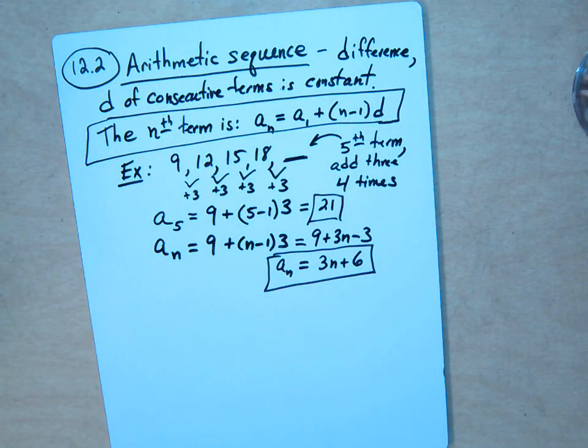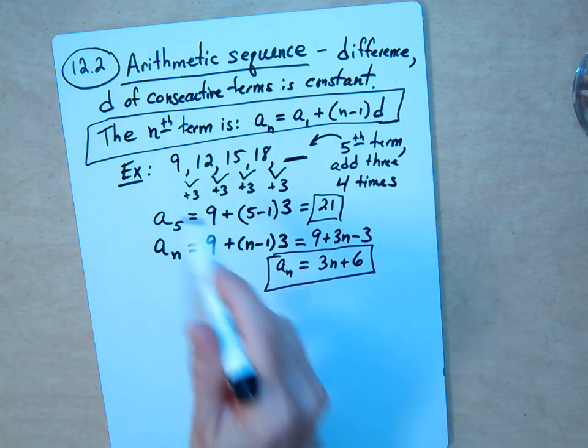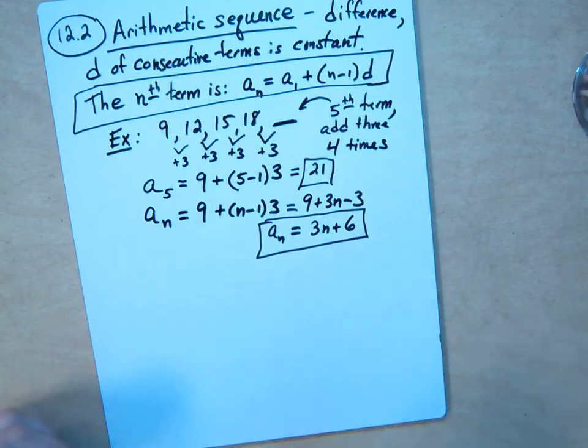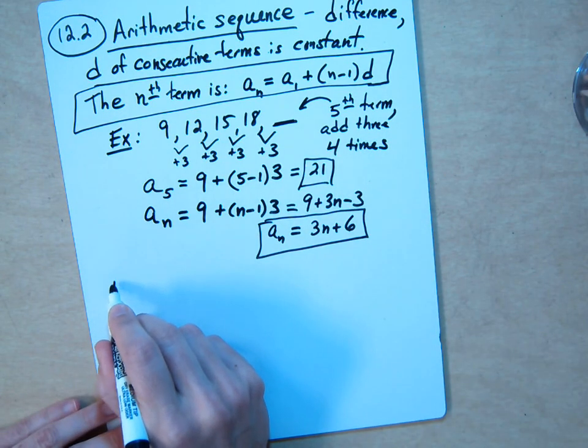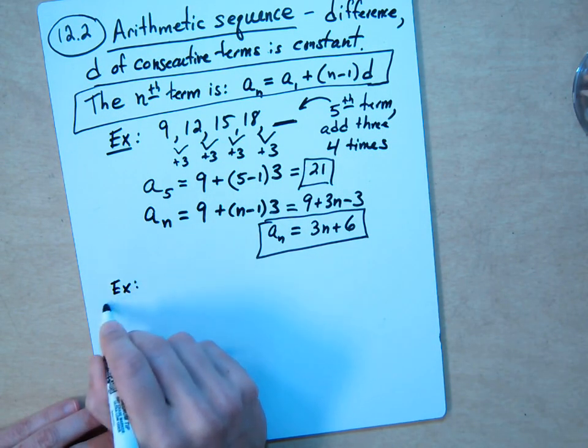We're going to do 3 different types of examples where I give you different information and you have to find the formula for the nth term. Because they're not always given like this. So let's try these examples.